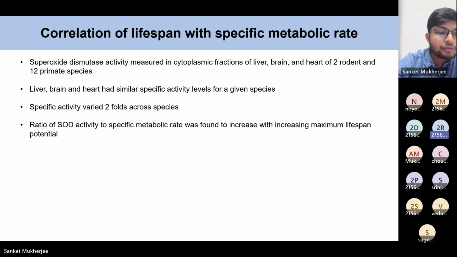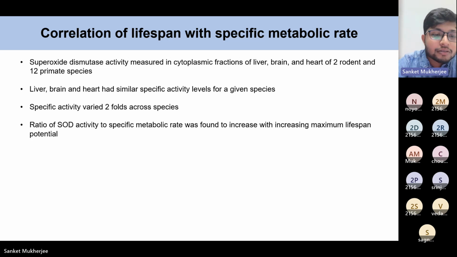Yes, sir. Just for the sake of everybody, if this is SOD activity normalized with metabolic rate, and this is the lifespan of an organism, how do you expect the graph to be? It will be an increasing curve.